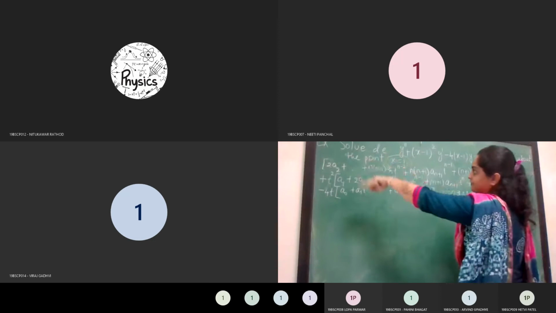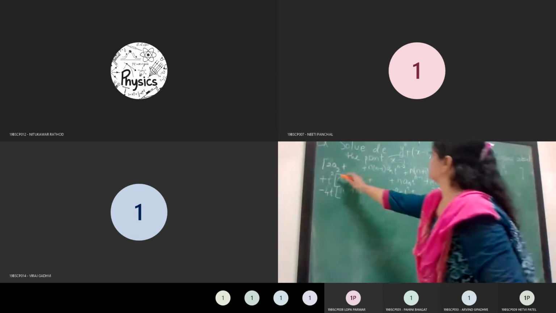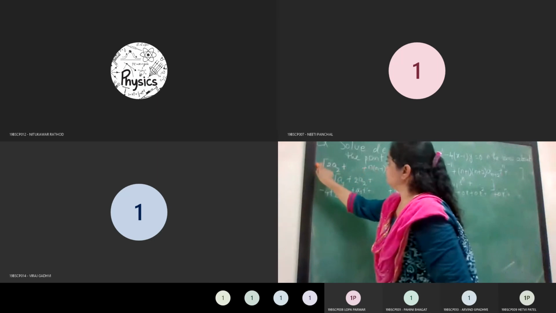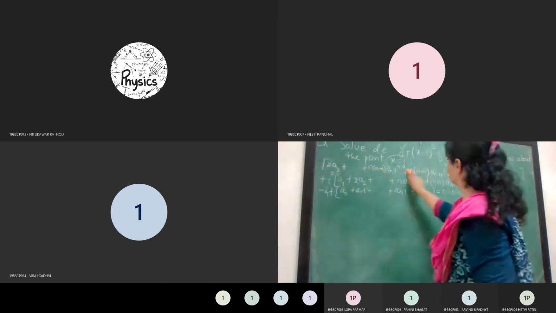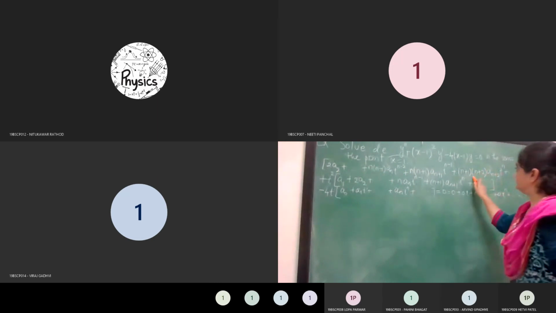So let us collect the powers of t raised to n from this left hand side. So here if you see, there is a 1 in the multiplication. That means whatever term occurred with the t raised to n, it will be this.